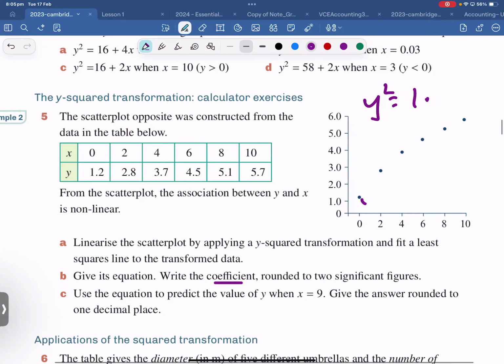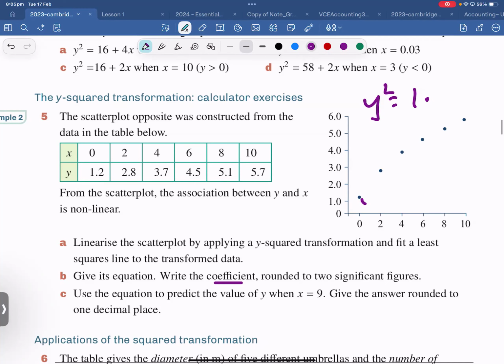You sure? Let me check. 1.2 squared, yeah. Or 1.4. Yeah, what's it now? Got it. It uses different letters instead of the previous ones.